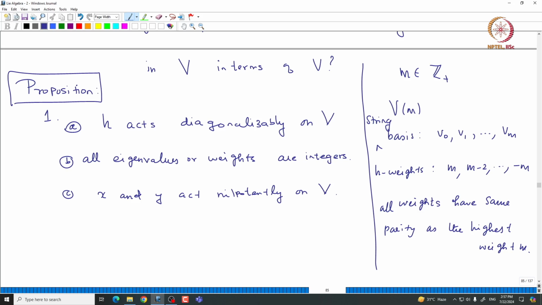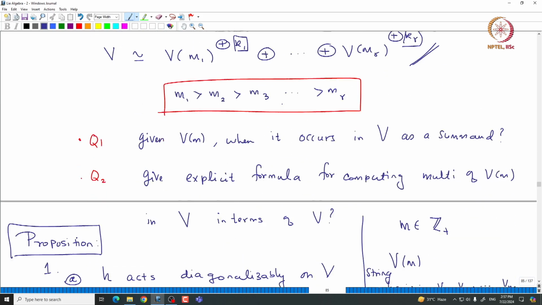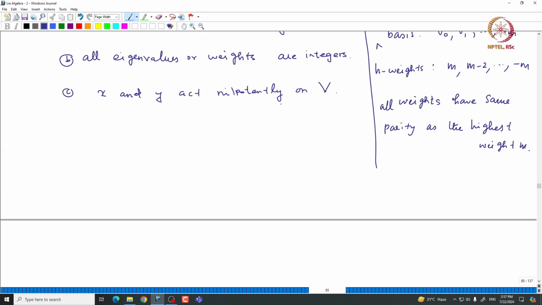Using that and using these explicit multiplicities k1 etc. kr, you will be able to compute the nilpotency of these operators on any given capital V. Now, not only this, we also have a very important property of the weight multiplicities, that is the symmetric property. If we call V_k, let us write V as the direct sum of V_k, where k runs over Z. This is just the weight space decomposition.